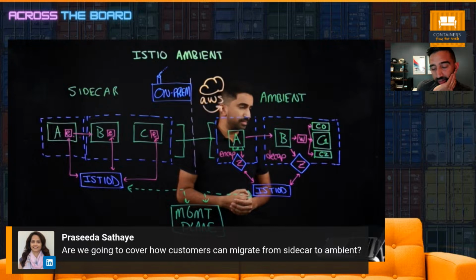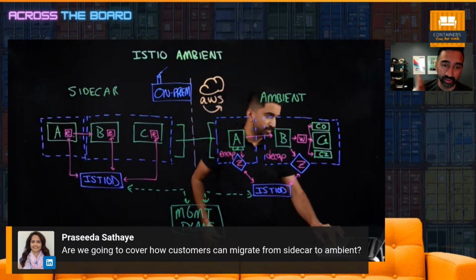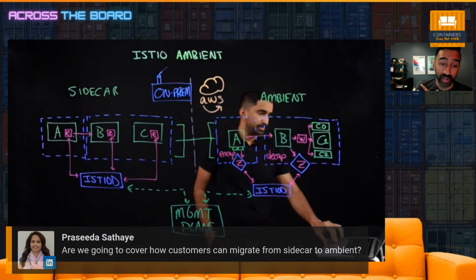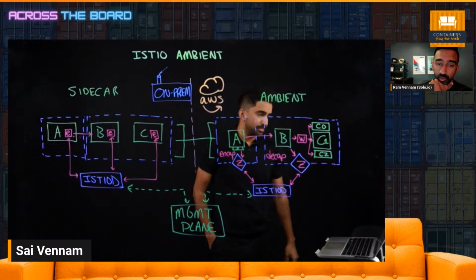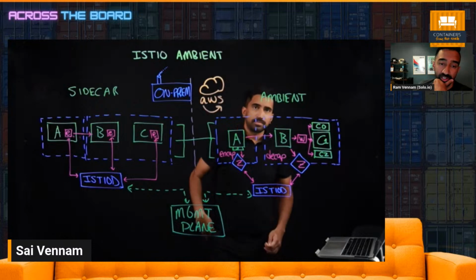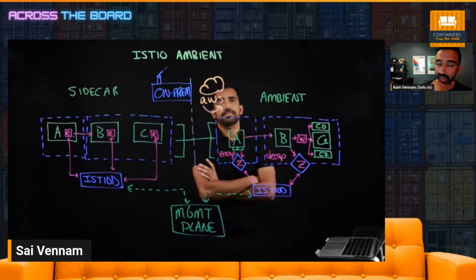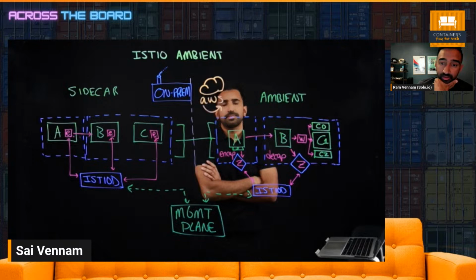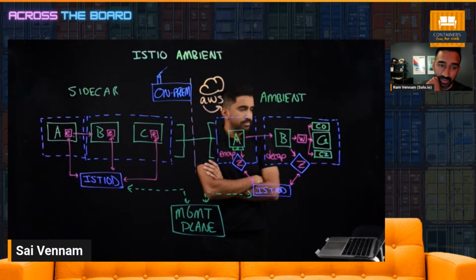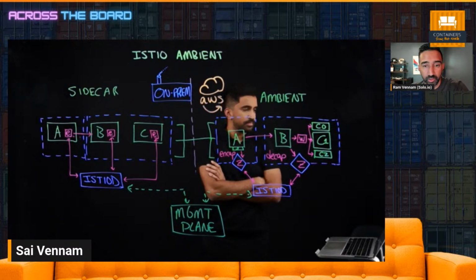And at Solo, we provide a GA distribution of Ambient. So we're behind our customers to make sure that they're able to move to Ambient immediately. What we're seeing is that new workloads being added to the mesh are going to leverage the Ambient model. For workloads that are already part of the mesh, if they're using sidecars and they're happy with it today, don't mess with it. There's no reason to. The next time you go to re-architect, you can think about testing without a sidecar.